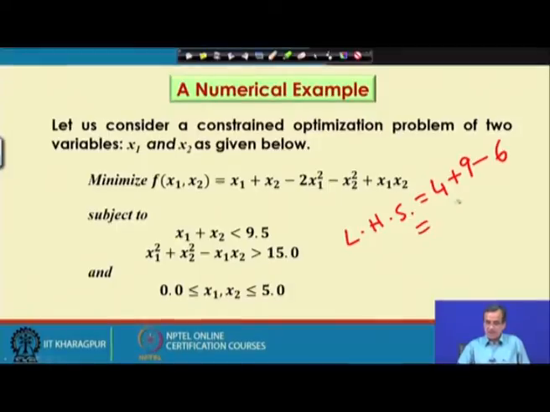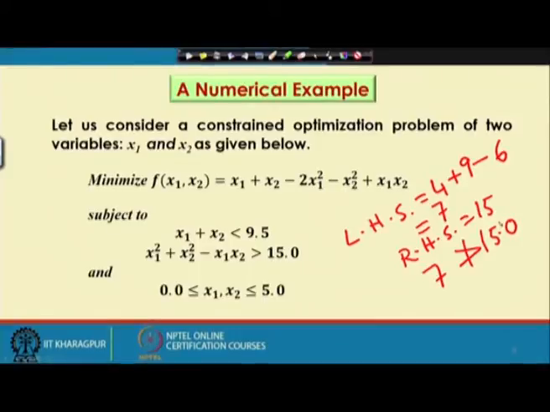So this is 13 minus 6, that is 7, and the right hand side is 15, and 7 cannot be greater than 15. So it is going to violate the second functional constraint.